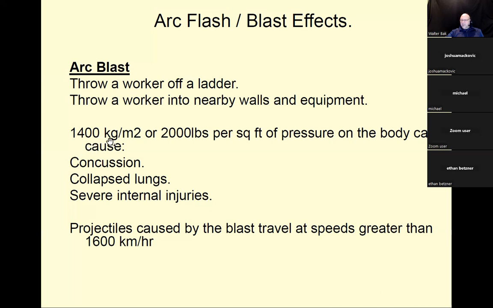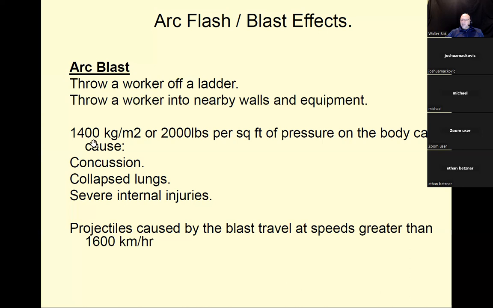1,400 kilograms. Just as a comparison, a 2-liter bottle of pop is almost 2 kilos. So 1 kilogram is 2.2 pounds.